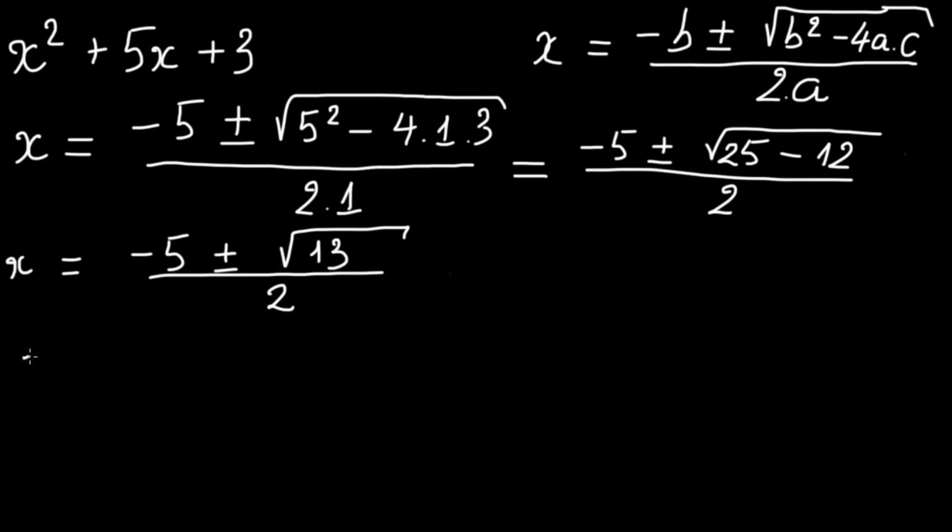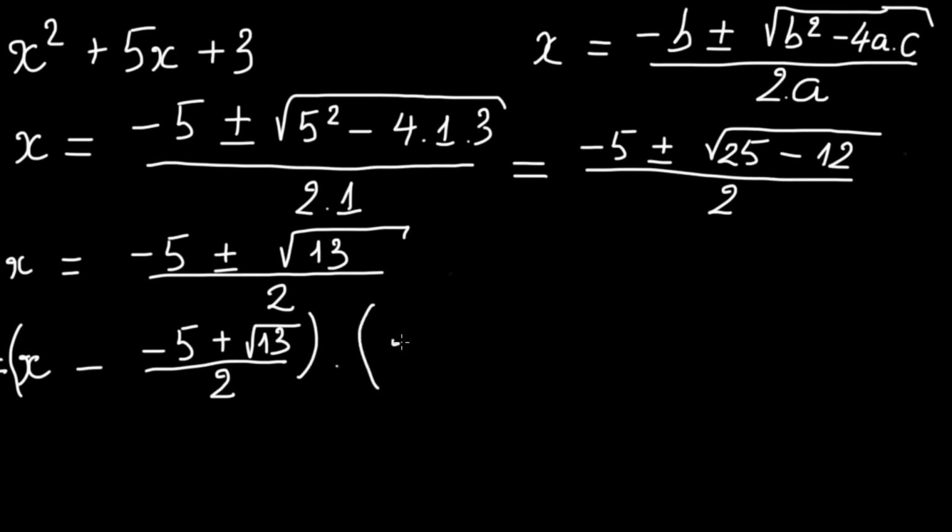The result is x minus negative 5 plus the square root of 13 all divided by 2, times x minus negative 5 minus the square root of 13 divided by 2, right?